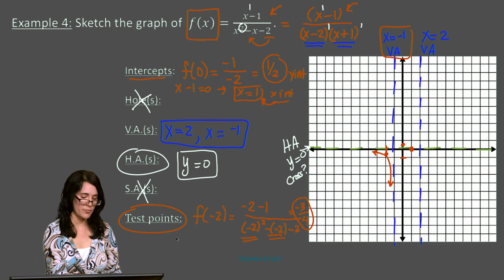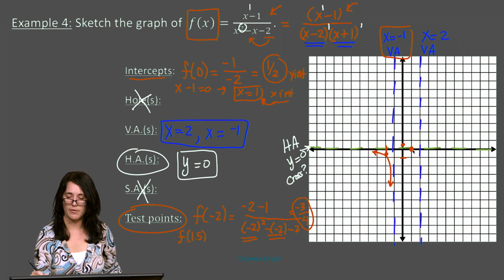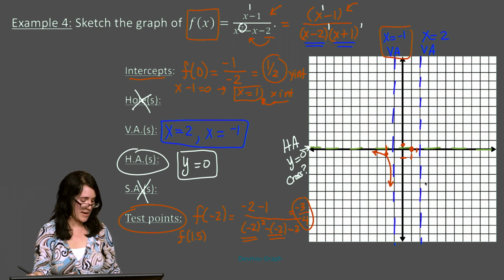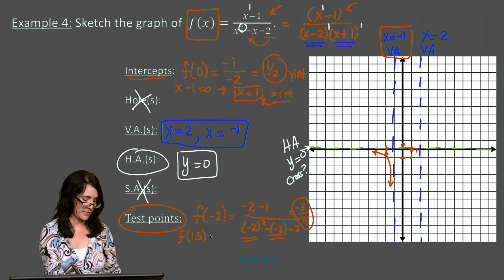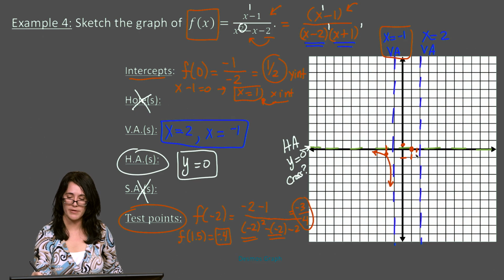Similarly, if you test other ones, I'll just give you the results for you to check on your own. f of 1.5, for example, if this is x equals 1, 1.5 would be around here. When I put that in my function for x, I get negative 0.4. Okay, so when you get that negative value, you know that you are down here somewhere.